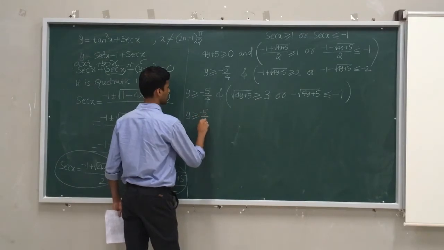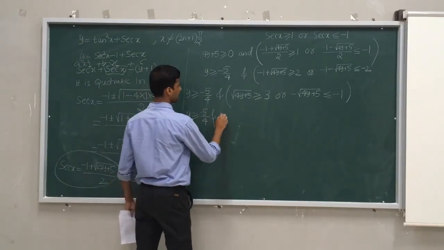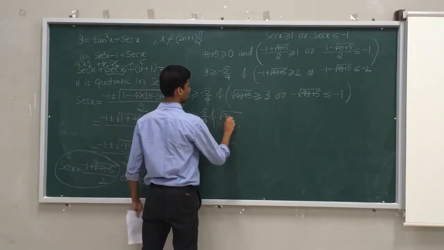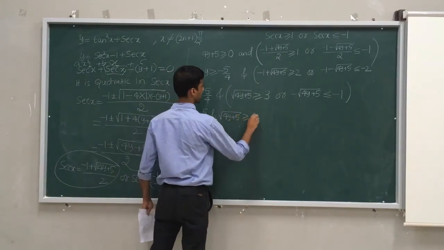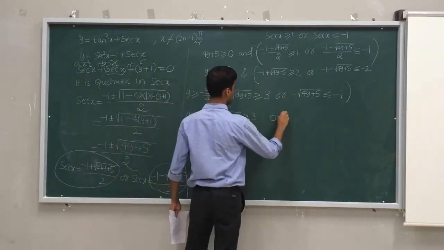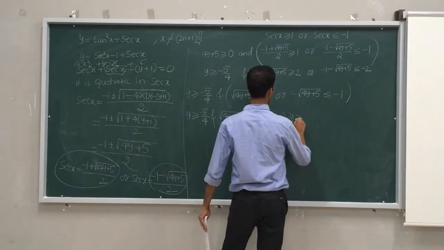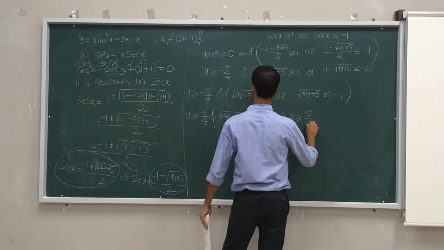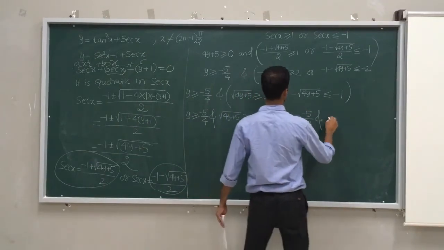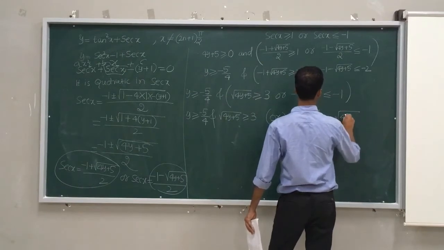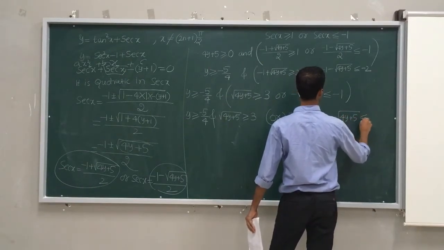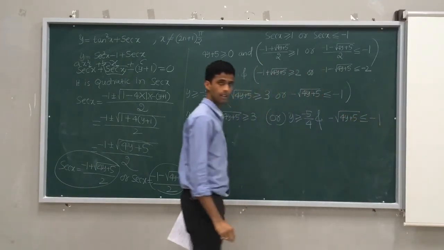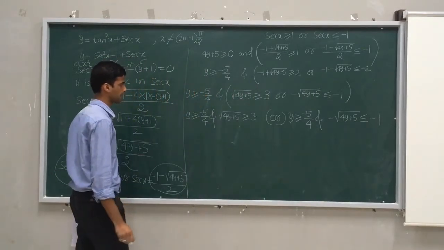So what will happen here is, I can say y is greater than or equal to minus 5 by 4 and root of 4y plus 5 greater than or equal to 3, or y is greater than or equal to minus 5 by 4 and minus root of 4y plus 5 less than or equal to minus 1. I have made two compartments, two categories.